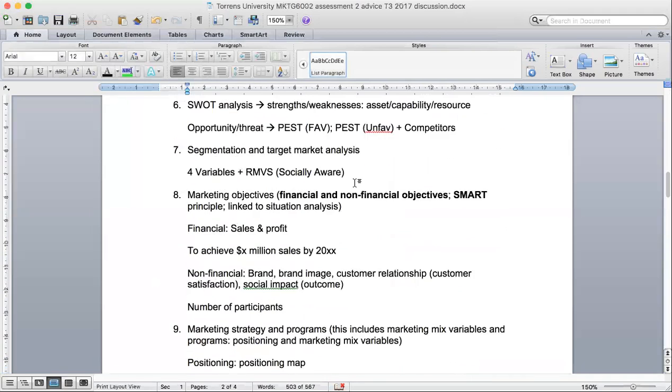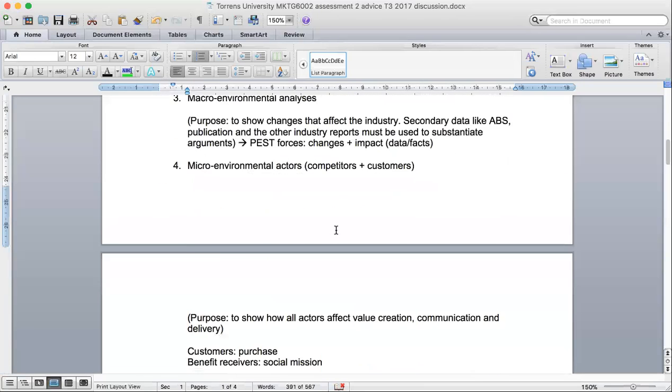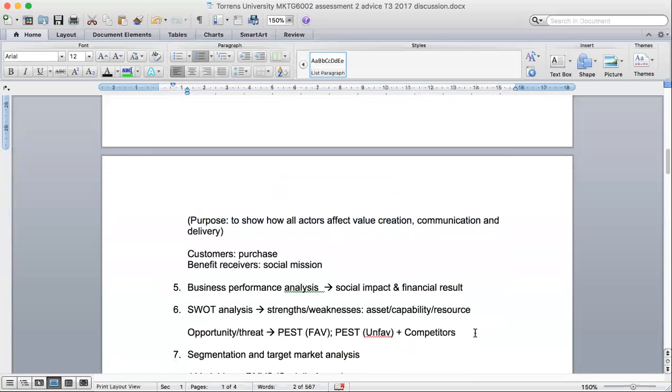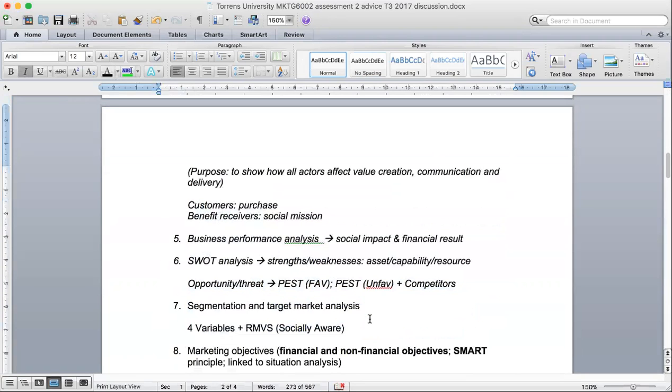So you develop further because assessment one you should have done these guys here. All right. So the ones in italic should have been done previously, right? You just need to tweak them, okay? Alter it, look at feedback given to you. That's one of the triggers for you to alter it, because remember, you have a 3,500 words word limit, 3,000 words for your marketing plan and 500 words for your reflexive activities.